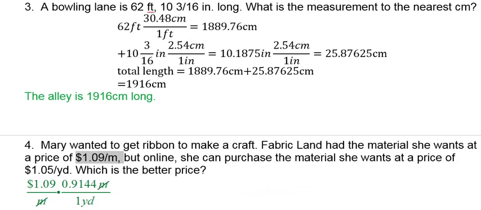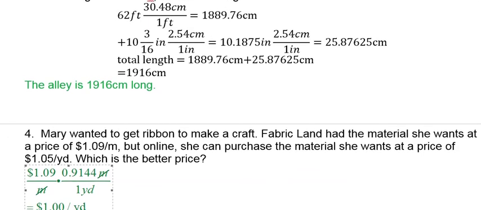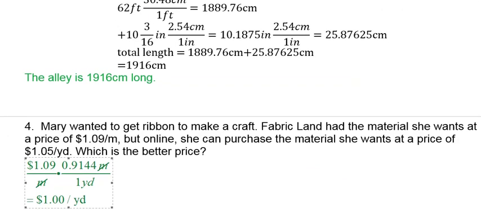Because if those units are in the bottom and you want to cancel them in your conversion factor, they're going to end up in the top, right? So that meters can cancel, meters are on the opposite side of the equation. So it works out that that first piece of ribbon works out to $1 a yard when we round it to the nearest cent, which makes sense for something that we're paying money for.